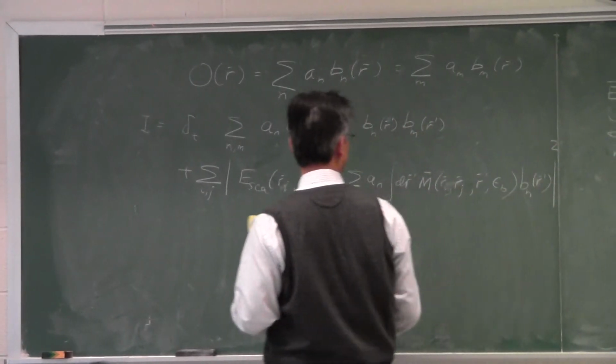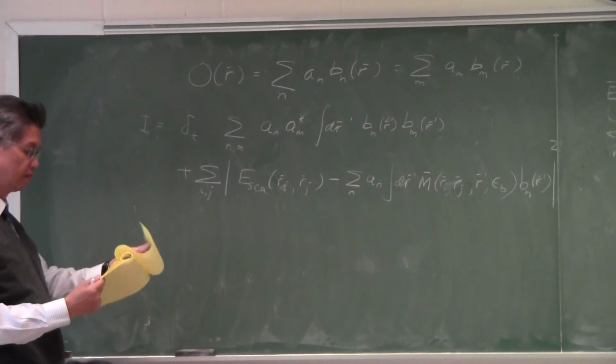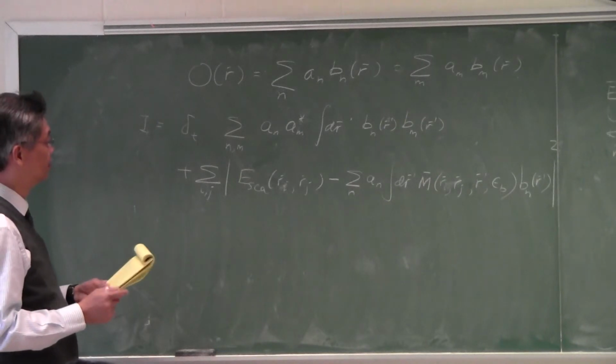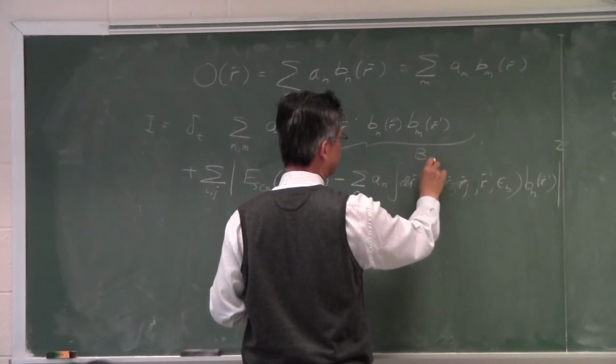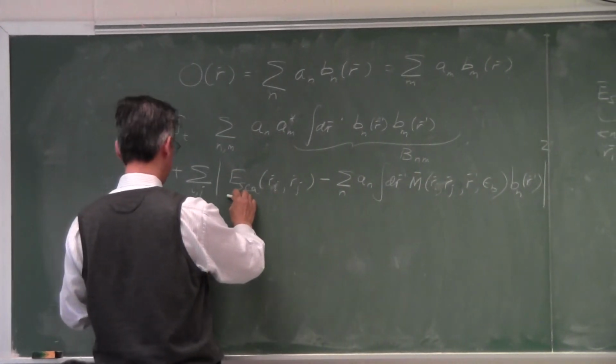And then I put the magnitude square. We'll just get this one. And I can call this piece over here BNN.